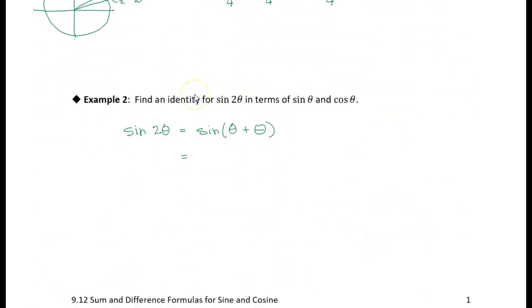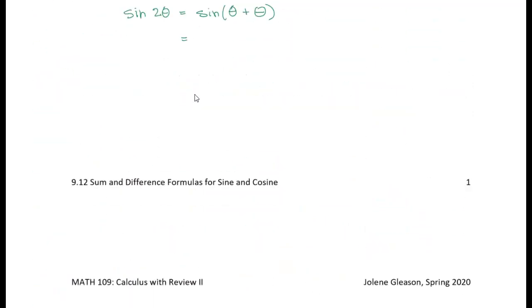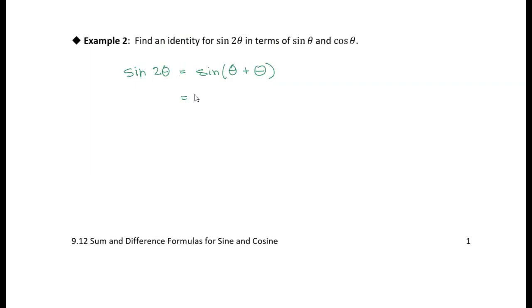All right, so let me just scroll it down here. All right, we'll write it out. Okay, so it's the sine of theta, cosine of phi, which is also theta, cosine theta, plus the cosine of theta sine of phi, which is also theta.